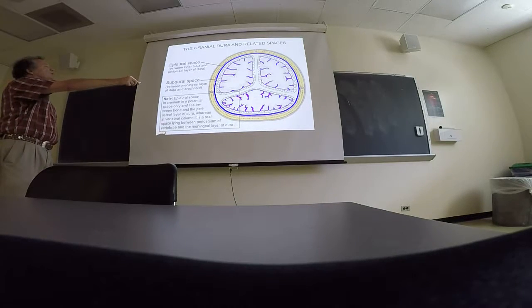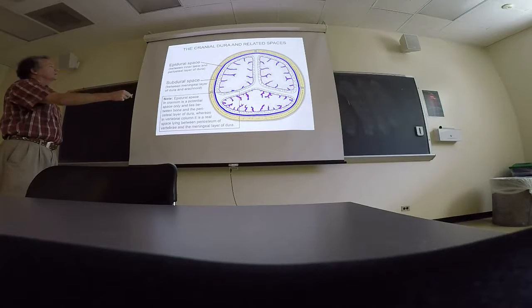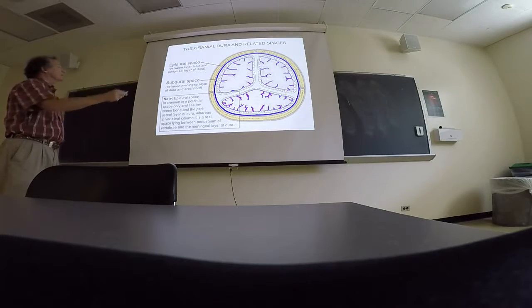Then there's the meningeal part, and then there's the subdural space, which is between the meningeal part of the dura and the arachnoid. And then, of course, there's a subarachnoid space in there.